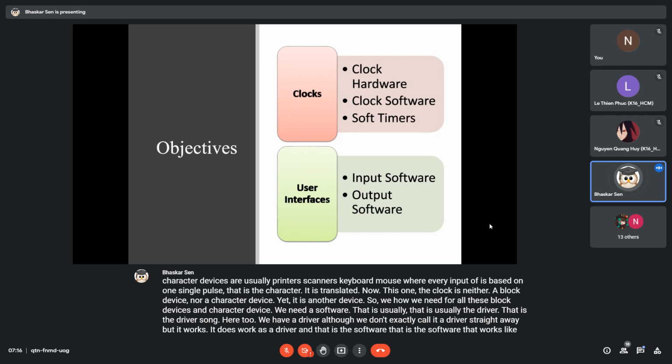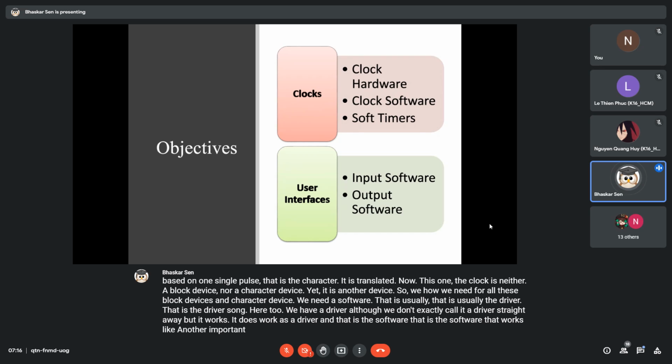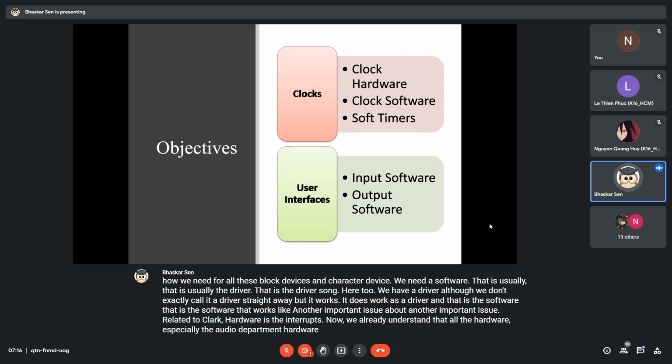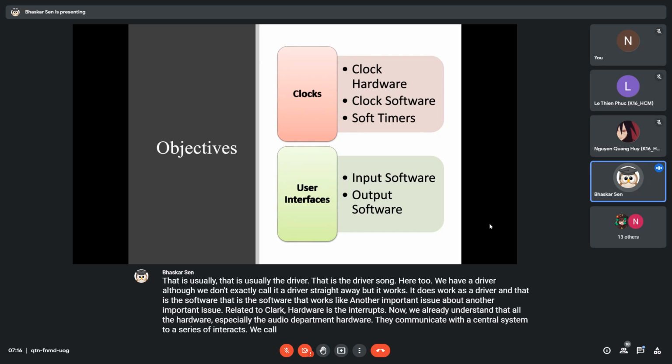Another important issue related to clock hardware is the interrupts. Now, we already understand that all the hardware, especially the I/O device hardware, communicate with the central system through a series of interrupts. We call them interrupts because they are unpredictable.